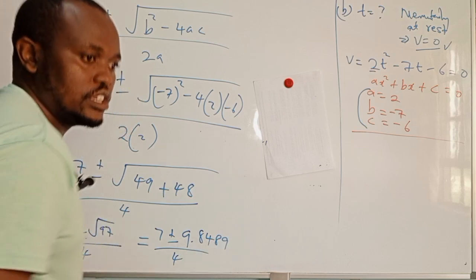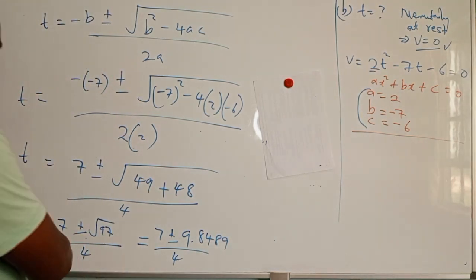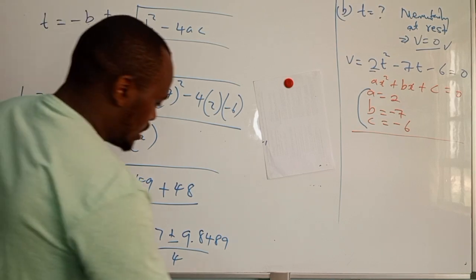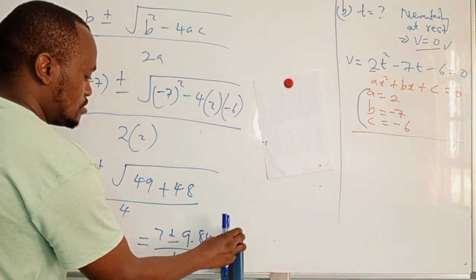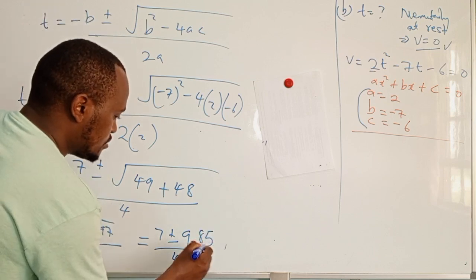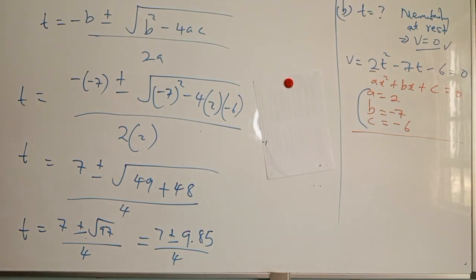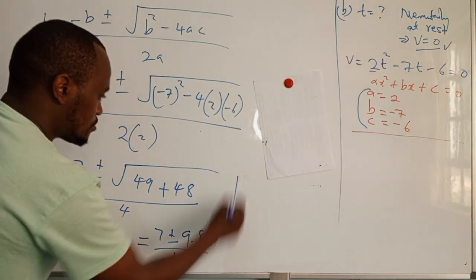But again, our t is time, so we can save ourselves and use 9.85, because we are talking about time. Even 0.1 is enough. We continue.